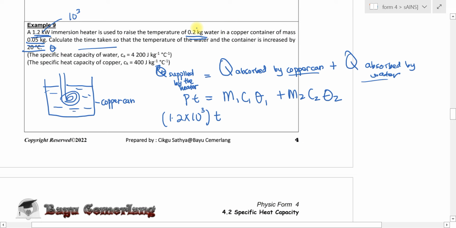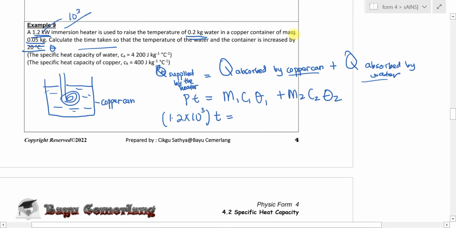Rather than you times 1000, I'll be very happy if you say 10 to the power of 3. Okay. Because got reason for that. Kadang-kadang kita keliru kena darab 1000 ke, kadang-kadang dia kena bahagi 1000. Jadi I will tell, if you see the kilo, just put 10 to the power of 3. Kalau tengok senti, 10 to the power of negative 2. Kalau tengok milli, 10 to the power of negative 3. Macam tu.